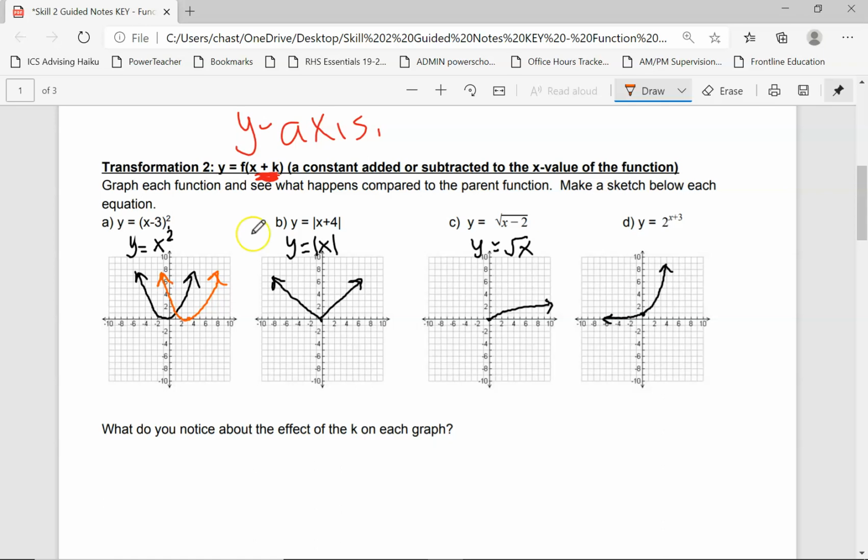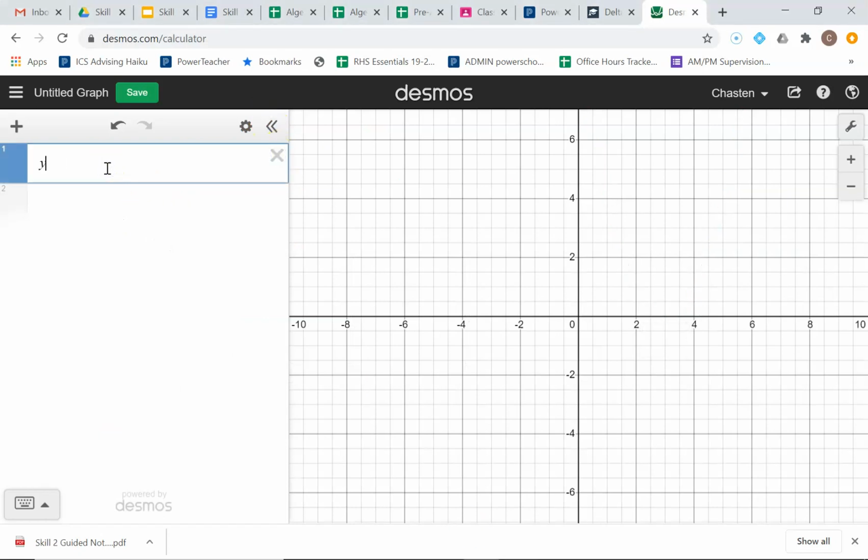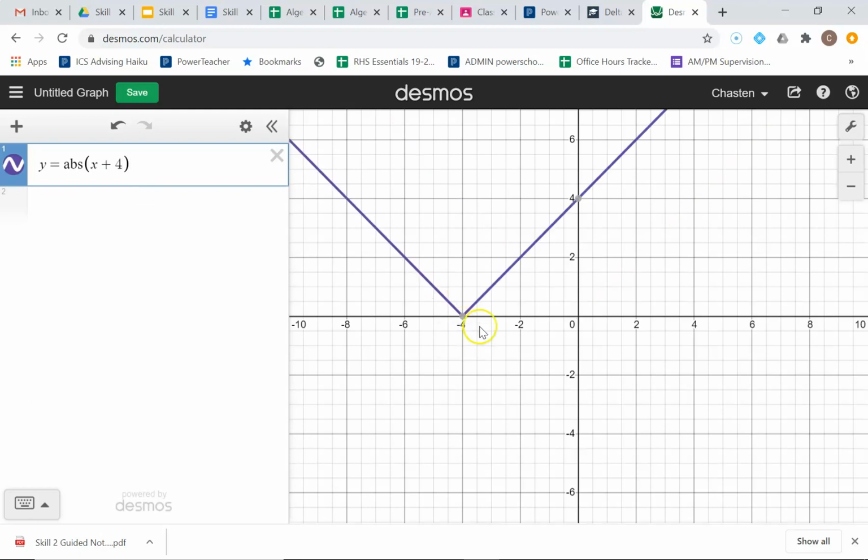Let's see what happens to the absolute value when I have plus 4 here inside the absolute value. So I type y equals abs x plus 4, I think. Yeah. And notice that the graph shifted over to -4.